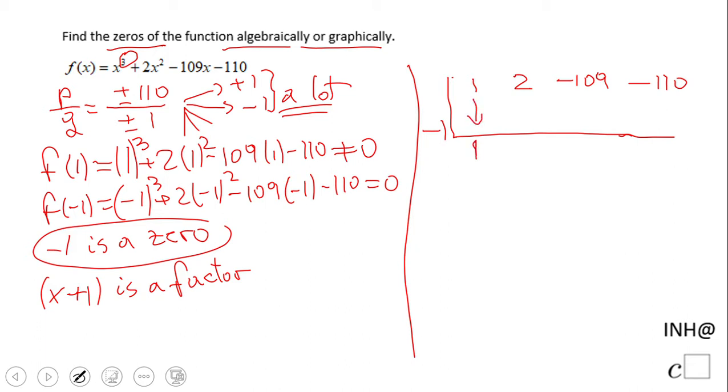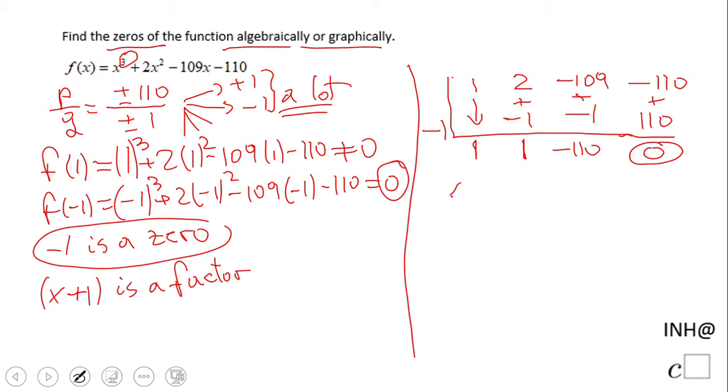Always grab the first number, in this case 1. Negative 1 times 1 is negative 1. We add this, we get positive 1. Negative 1 times 1 again is negative 1. If we add this together, we get negative 110. Negative 1 times negative 110 is positive 110. If we add them, we get 0. We should expect to get 0 because we knew it by using the remainder theorem or the factor theorem.